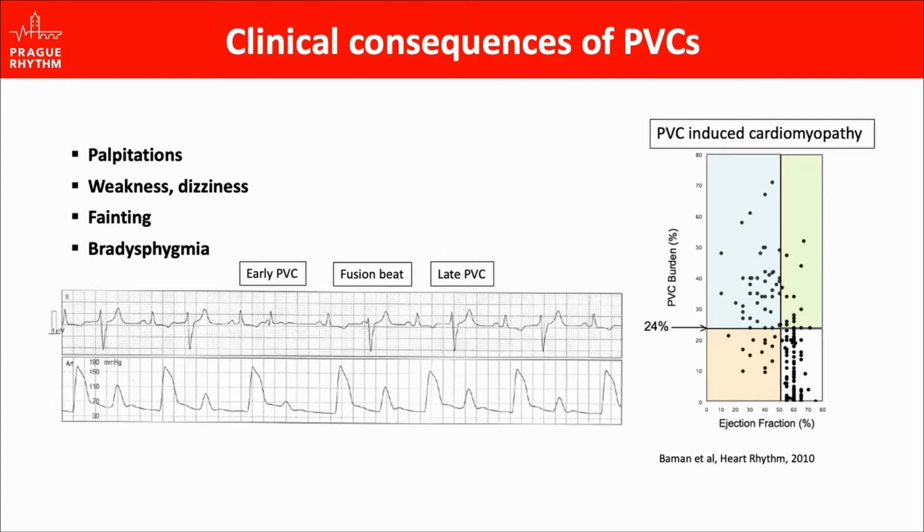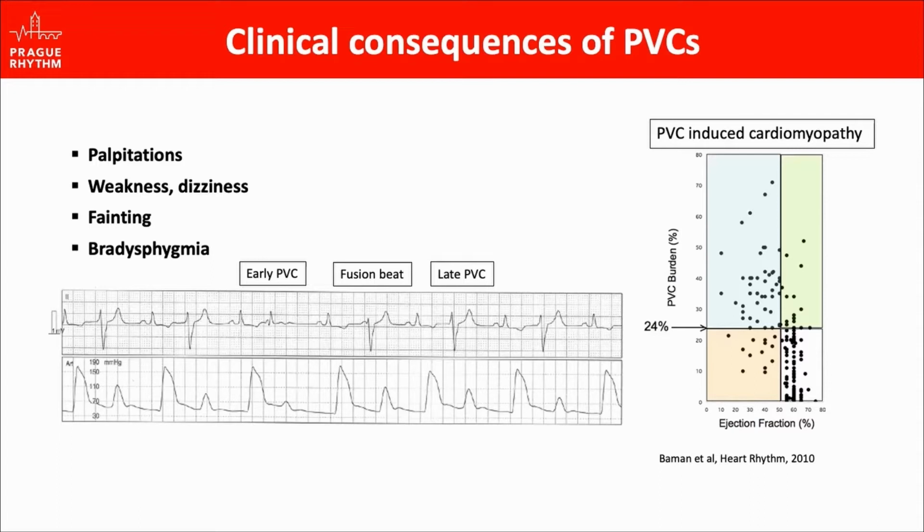This lower figure here represents the ECG tracing of a patient with frequent PVCs with the corresponding invasive arterial pressure curve. And we see that premature ventricular beats generate much smaller arterial pressure. The normal sinus beat following the PVC is potentiated and can be strong enough to cause pain or discomfort in the chest.